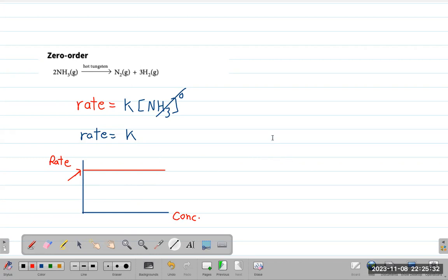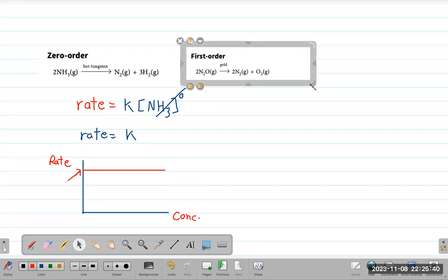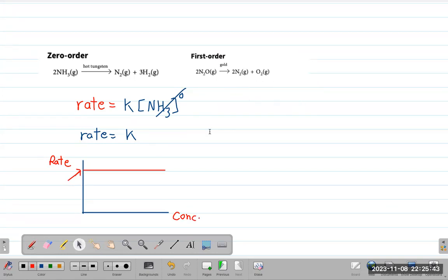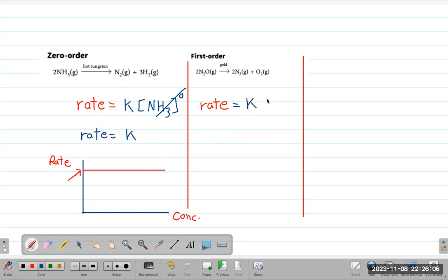Now an example for a first-order reaction: this is a reaction of dinitrogen oxide to form nitrogen and oxygen. The rate equation, which we get from the experiment this time, gives you a different curve and a different reaction, because the rate here is equal to K multiplied by the concentration of N2O to the power of 1.